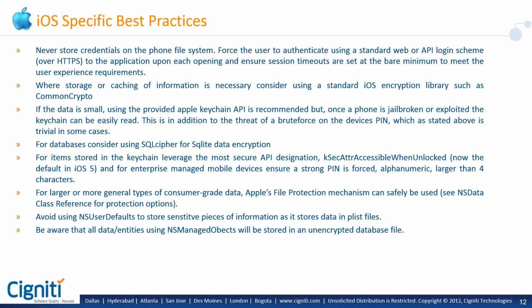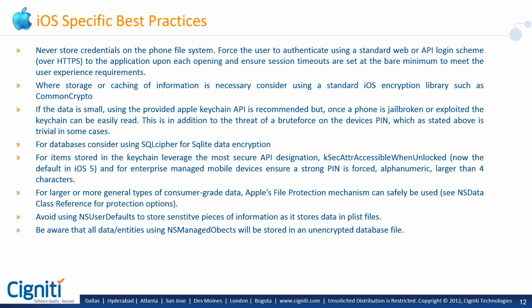And for SQLite, you can use data encryption, an SQL cipher, which would actually keep all the data encrypted. And for the items stored in the keychain, we have to leverage the secure API designation.